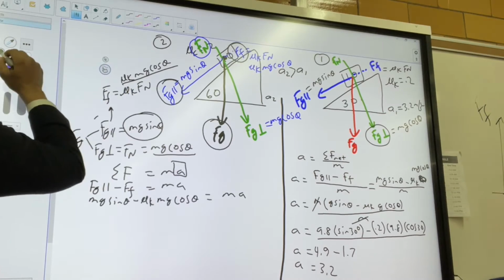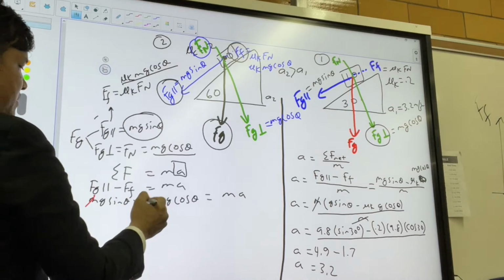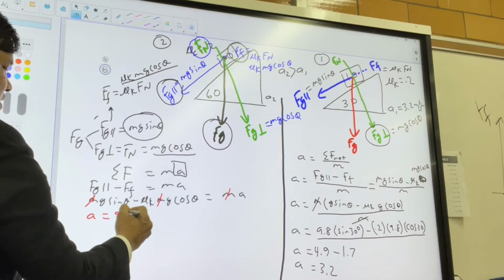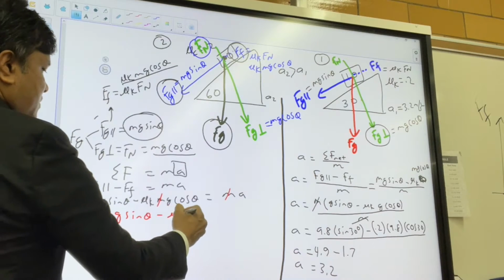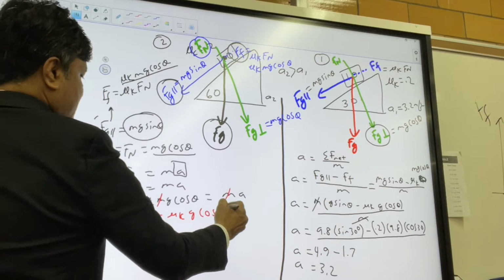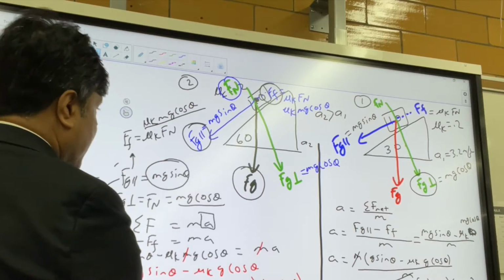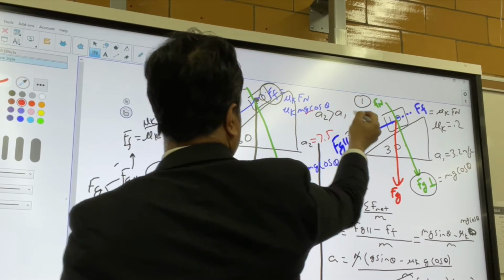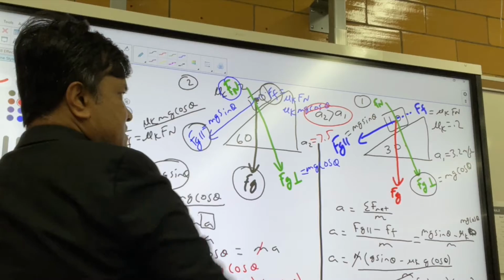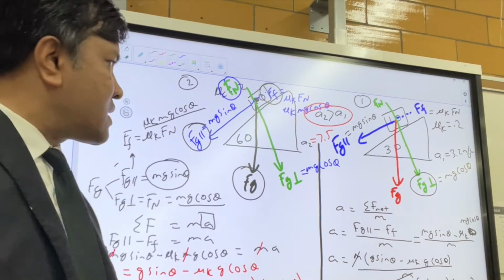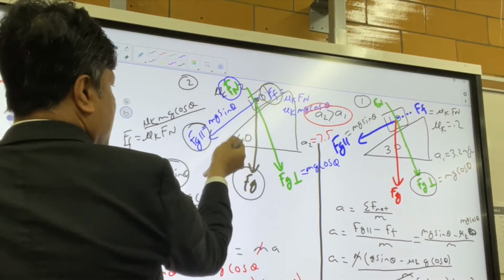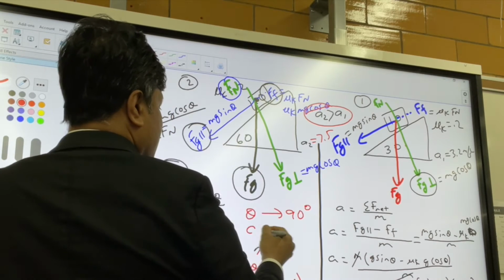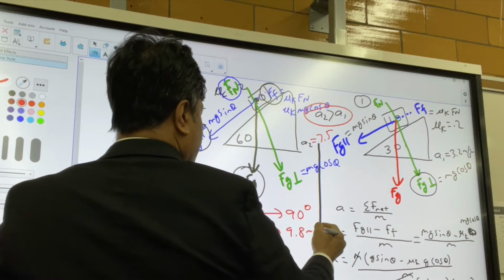Now you can see that we can cancel out m. So acceleration is g sine theta minus mu k g cosine theta. So acceleration is 7.5. So the acceleration of this box is 7.5. So this is right. The acceleration of object 2 is bigger than the acceleration of object 1. As theta approaches 90 degrees, the acceleration approaches 9.8 meters per second squared.